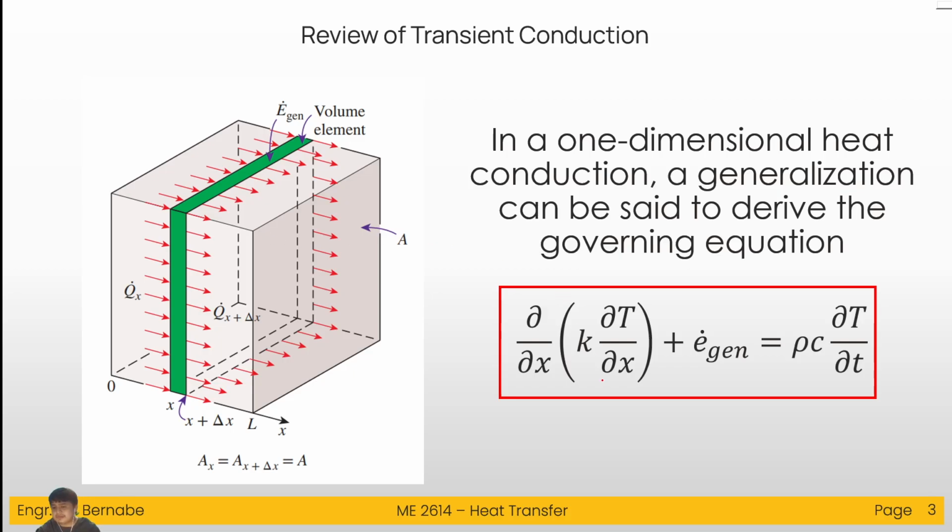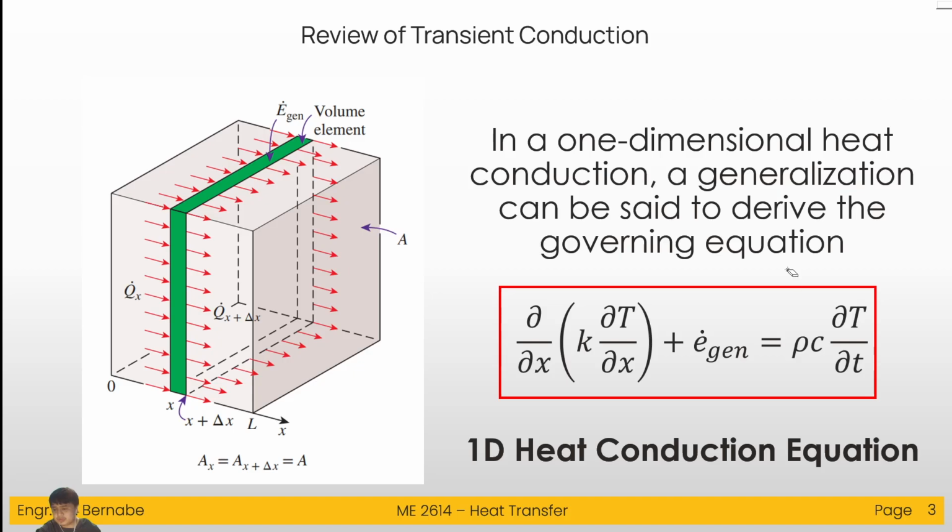So basically, this differential equation right here represents that phenomenon. With this differential equation, after solving it, you can find what will be the temperature profile of your body with respect to not just the space x, but also with respect to time.